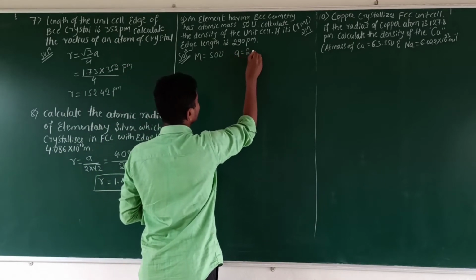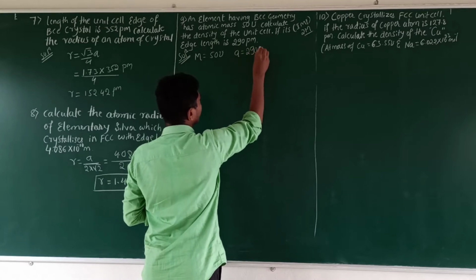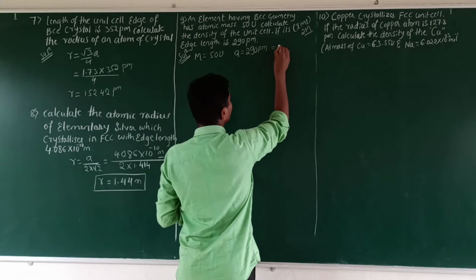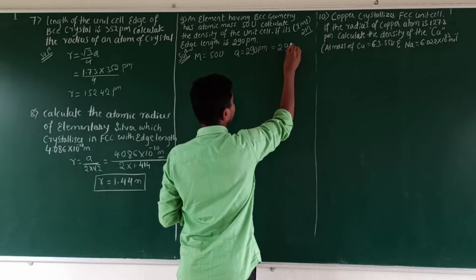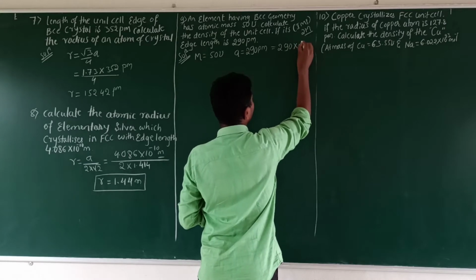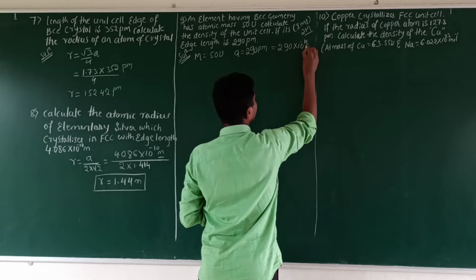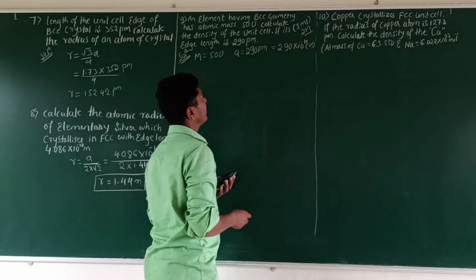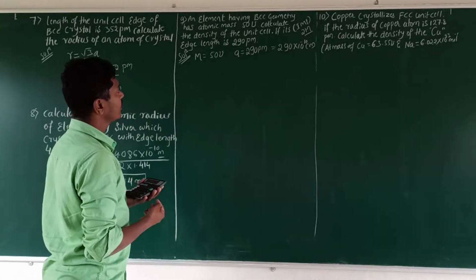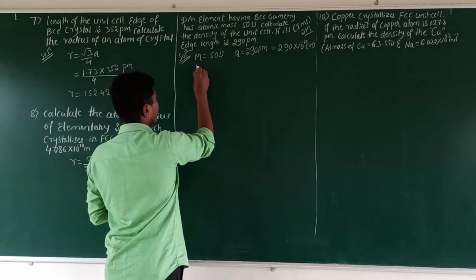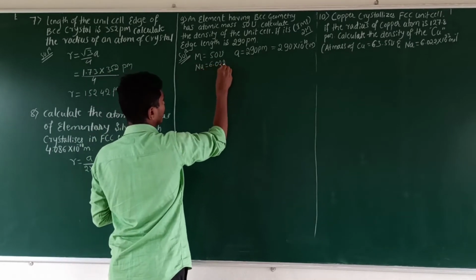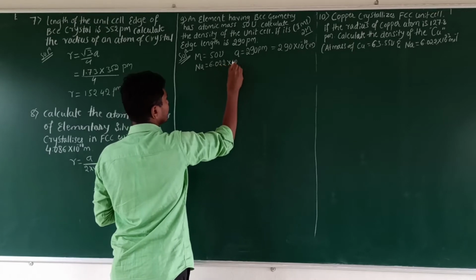How much is it? 290 picometer, or 290 into 10 to the power minus 10 centimeter. You can write in centimeter also. They are given the Avogadro number, Na is equal to 6.022 into 10 to the power 23.